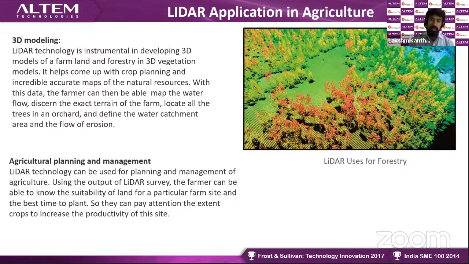Then again, agricultural planning and management, that means planning and managing the entire agricultural process. With the output of a lidar survey, we can understand which kind of plants are best suited to this vegetation. And by integrating electronic applications for calculating the weather and other factors, we can plan what kind of crops can be planted.